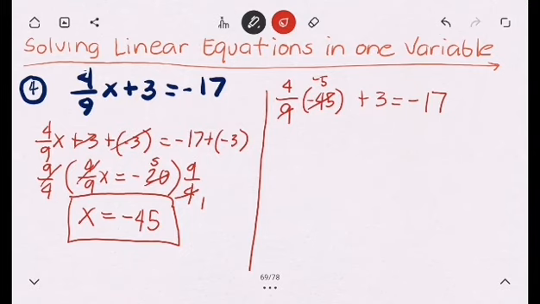So negative 5 times 4, we have negative 20 plus 3 equals negative 17. So when we simplify this, this will result to negative 17, which is equal to our right hand side ng ating equation. So meaning, we got the correct answer from the solution that we have dun sa ating last equation.